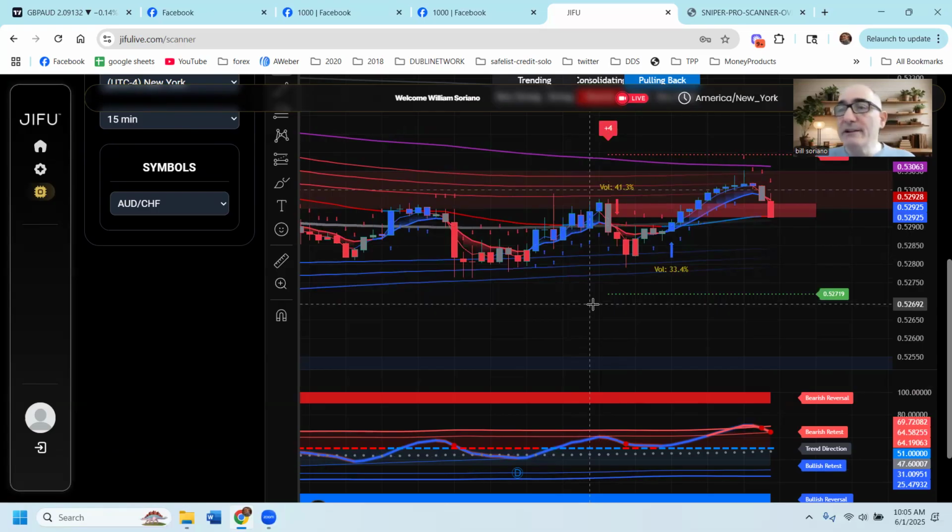You may be able to get in after the next candle if all the conditions are met. And after that, you will want to wait for a pullback to 50% of the retest zone.